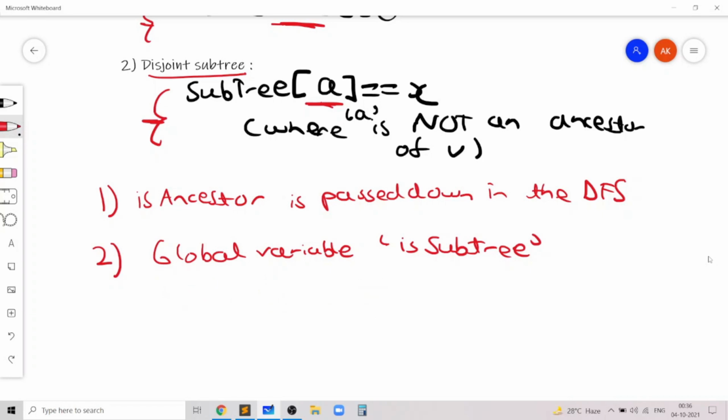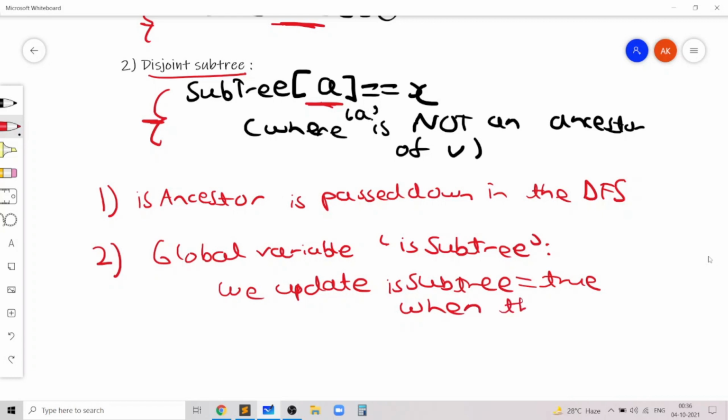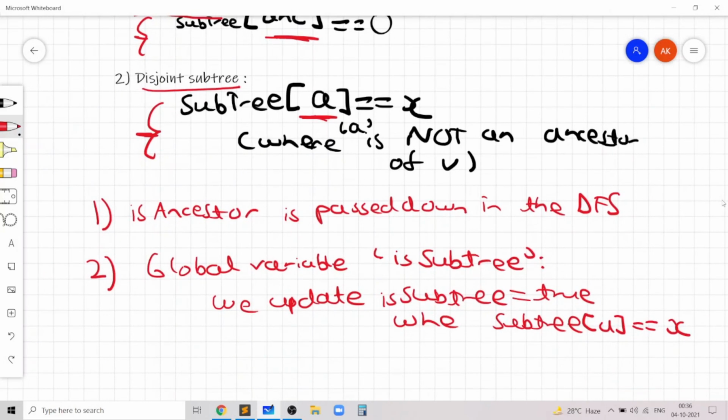And to update that global variable, we update is subtree to be 1, to be true, when subtree of u is equal to the required value, because that's what we are storing.